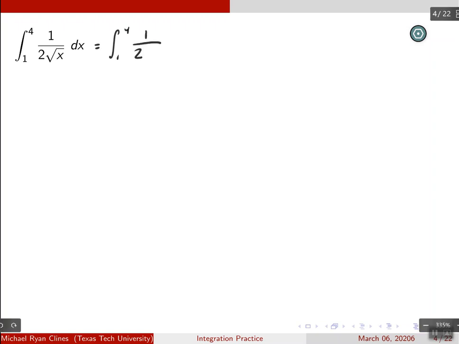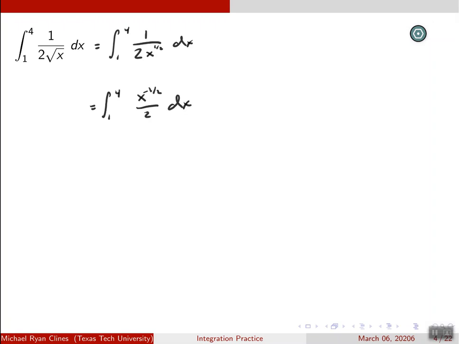So this becomes 1 over 2x to the 1/2 dx, but when you have an x in the denominator, if you want to put it up in the numerator, all you have to do is make it a negative exponent, because the negative exponent means take the reciprocal. So we can rewrite this even further as the integral of x to the negative 1/2 over 2 dx.